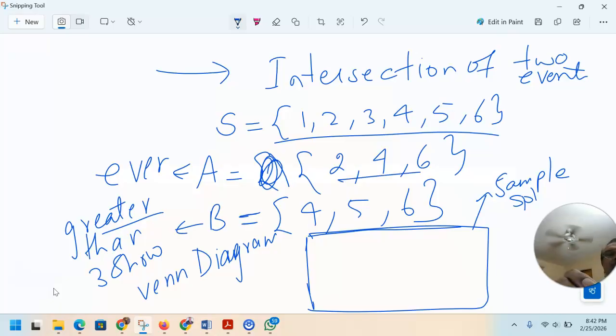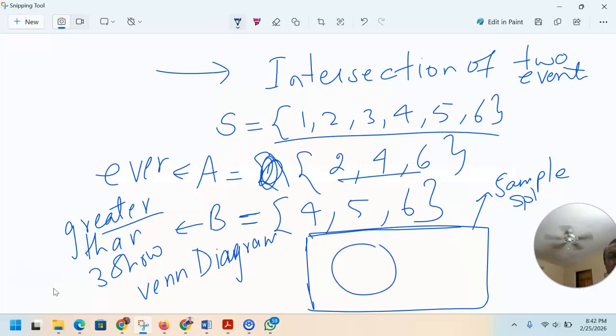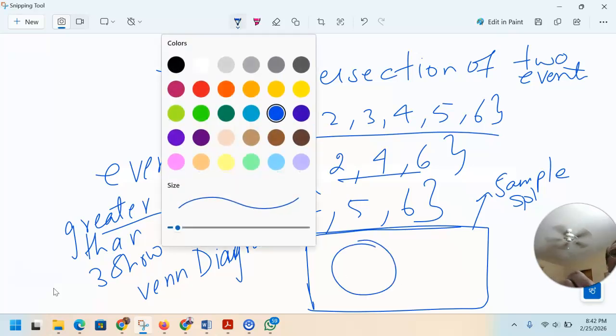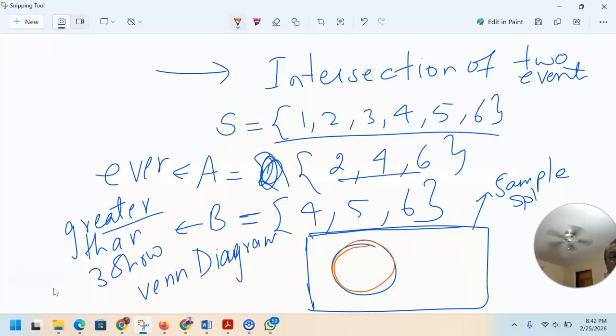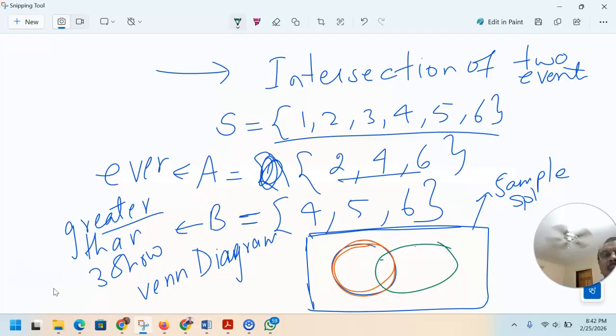So I'm going to use two ellipses or circles like this. And then for another one I'm going to use a green color. So what this basically means, there is a space that you see in between which is common. So this is the space, and you can see the numbers which are common here.